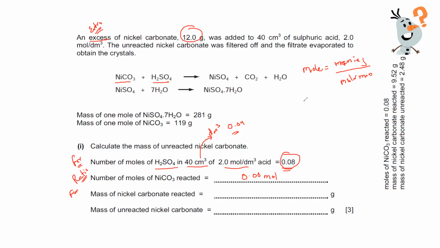The moles of nickel carbonate are 0.08. Mass in gram is unknown. For the molar mass, you have to check the periodic table, because of the molar mass of nickel carbonate, NiCO3.